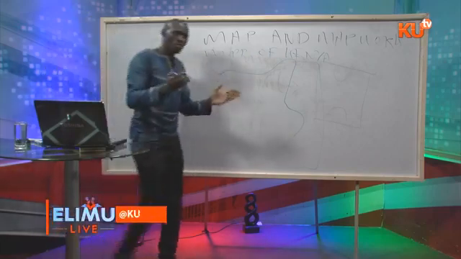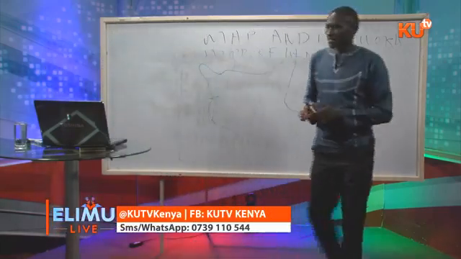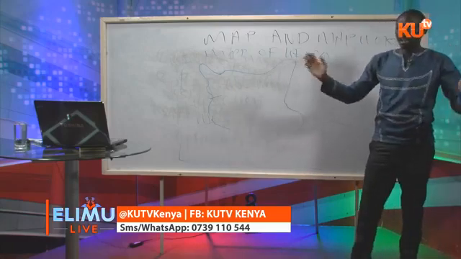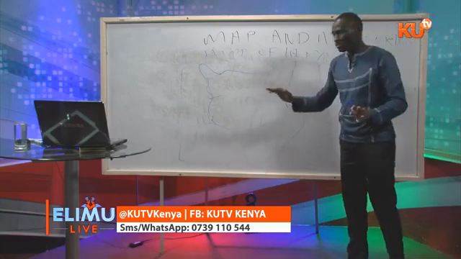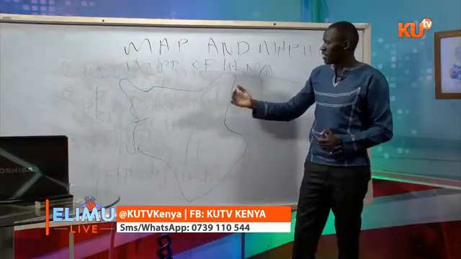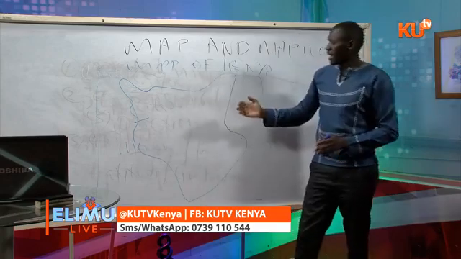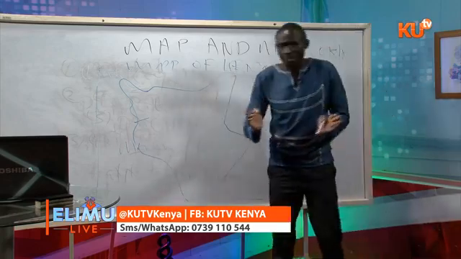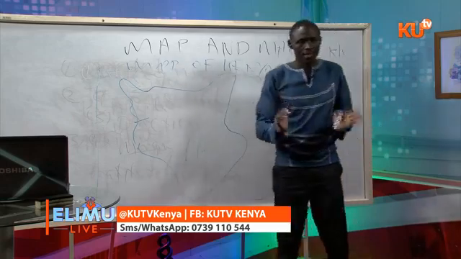You cannot draw a map of Kenya unless you are in another planet, because you require a very, very big flat surface that you'll use. Now, for us to represent Kenya, or for us to give the view of Kenya, we have to reduce it. And by reducing it, we draw it to a scale.